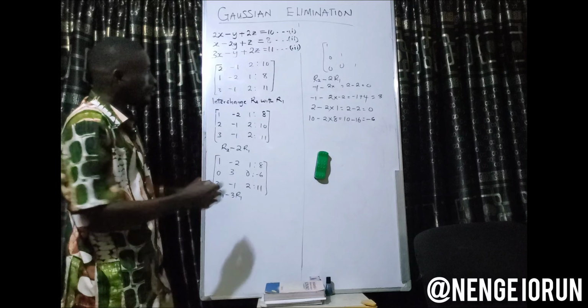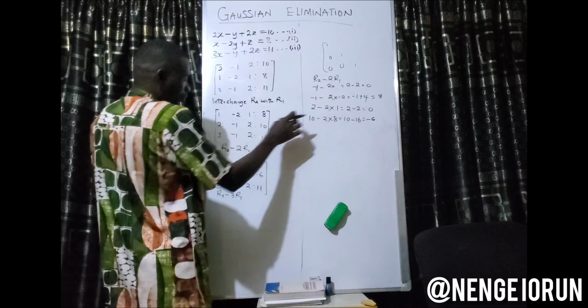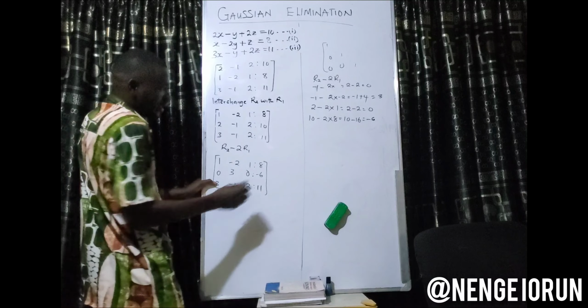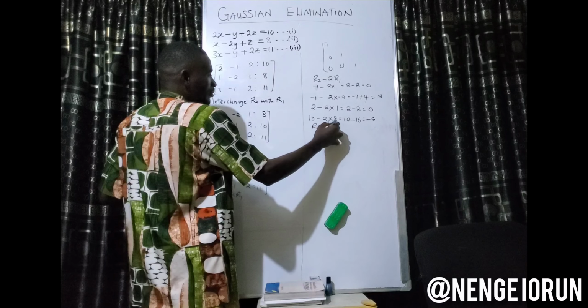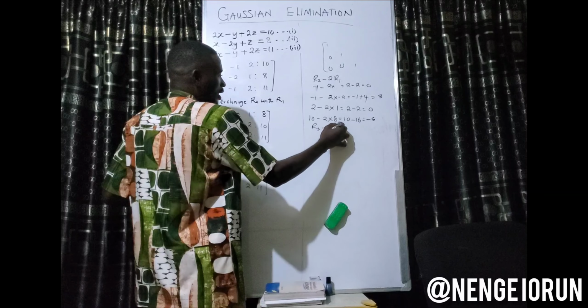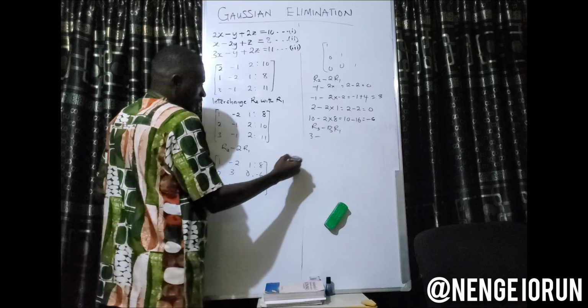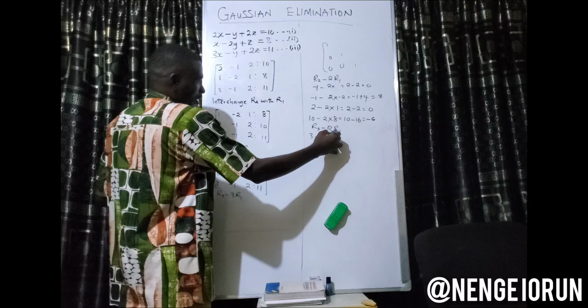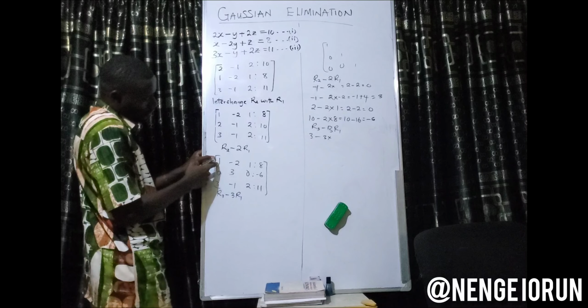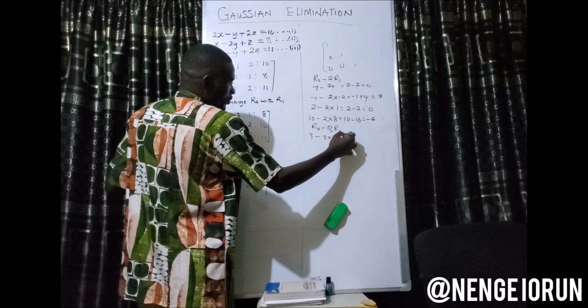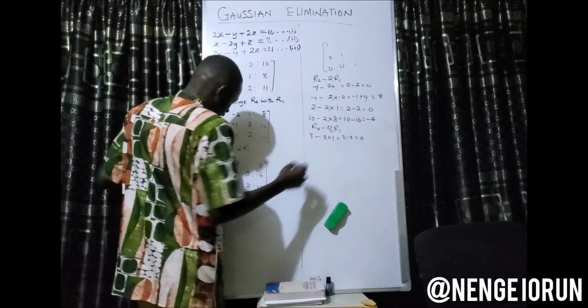Let me just repeat this process again so that you understand. Here you have row 3 minus 3 times row 1. Row 3 here you have 3 minus 3 times the corresponding element on row 1, which is 1. This will give us 3 minus 3, which is 0.